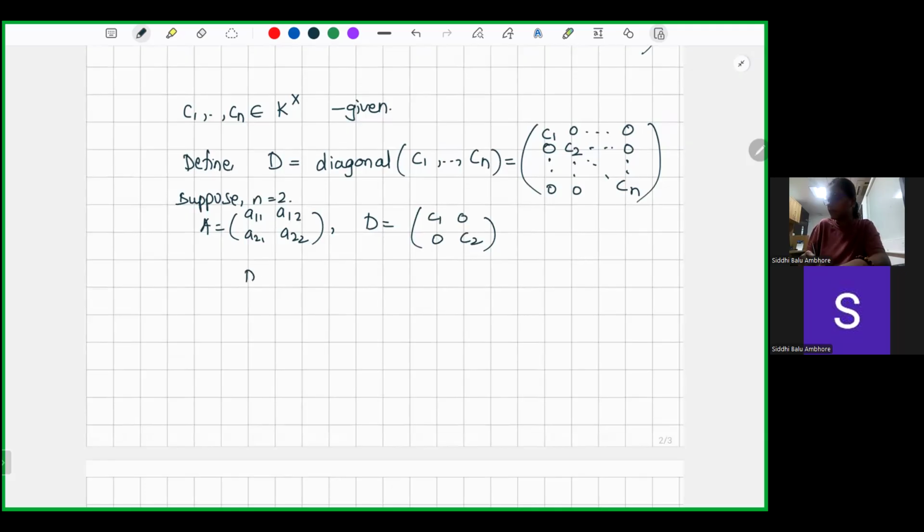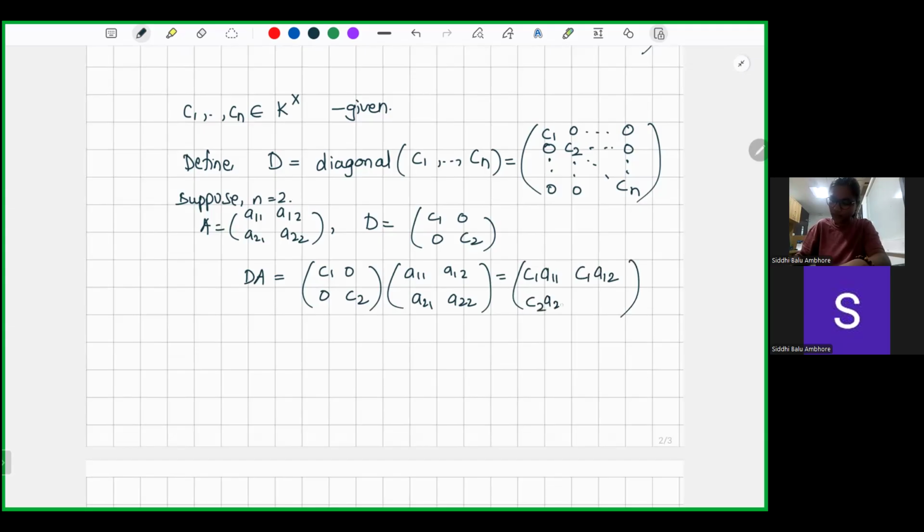So what does DA do? It gives C1 A11, C1 A12, C2 A21, C2 A22.